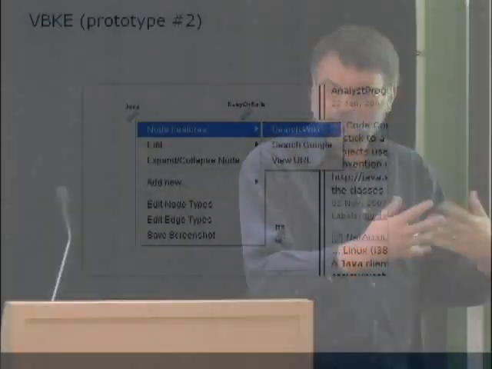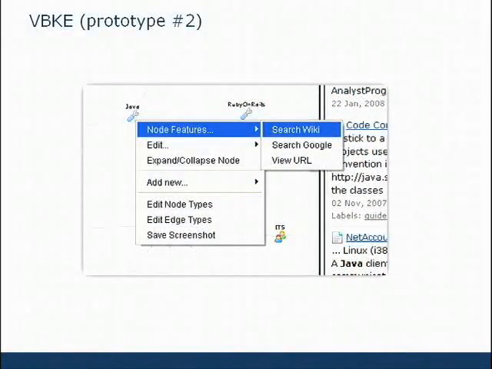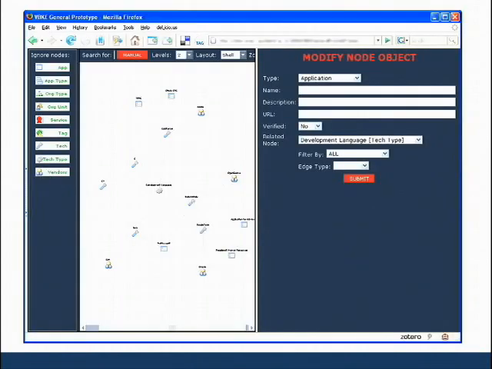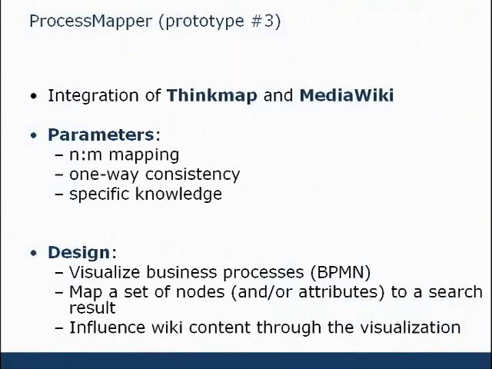So you can do things like search the wiki, again search Google and look at the URL associated with these things and so forth. You can edit the graph as part of the visualization structure, so you can modify the representations being visualized there, add new nodes, modify the names of them, and so forth. So that was the second one.